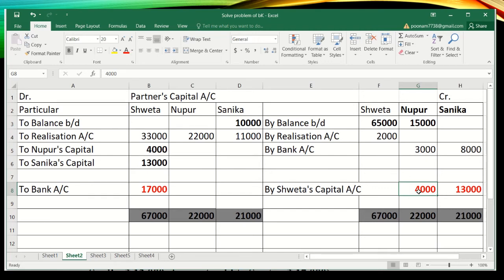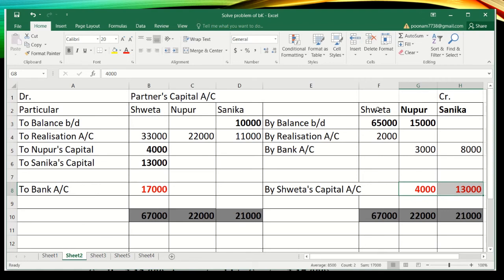So you have to write the closing balance. Again, Sanika's debit total is 21,000 and credit total is 8,000. So 21,000 I have written on both sides. After deducting 8,000 I got the closing balance of 13,000. So these two amounts will not be transferred to the bank account, student. They are borne by the solvent partner.